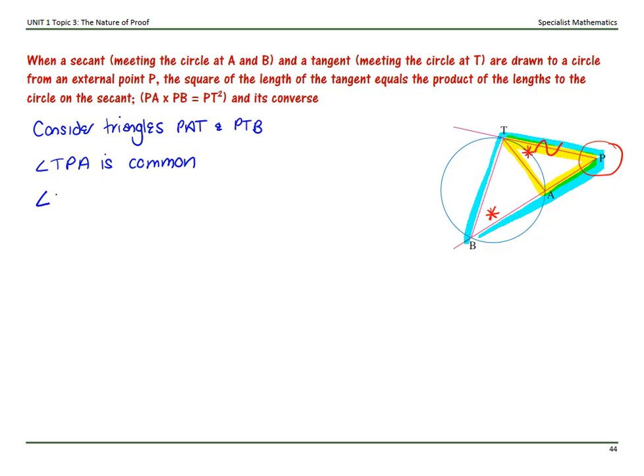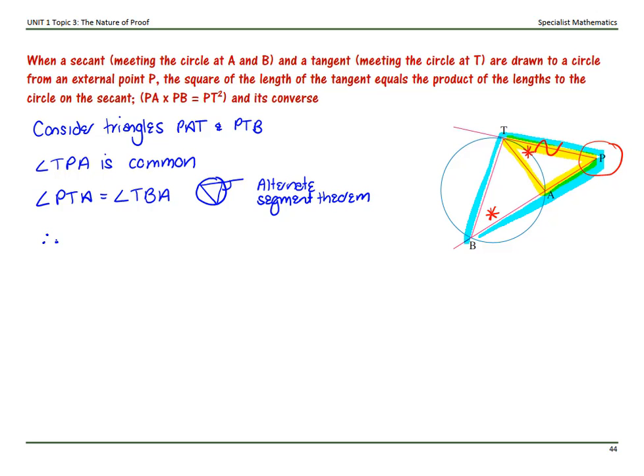So angle PTA has to equal angle TBA. Our code for the alternate segment theorem is upside down, but anyway, I think I would just write it in full rather than using the code.